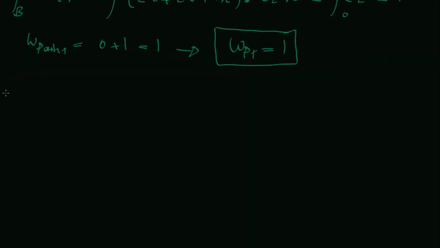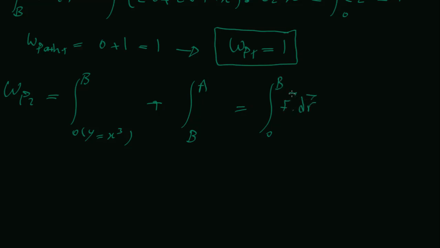For the second path, W on path 2, again, this was going from point O to point B on the curve path y equal to x cubed, plus the integral from B to A, which we calculated was equal to 1. So this is the integral from O to B of F dot dr on the curve path, plus 1.